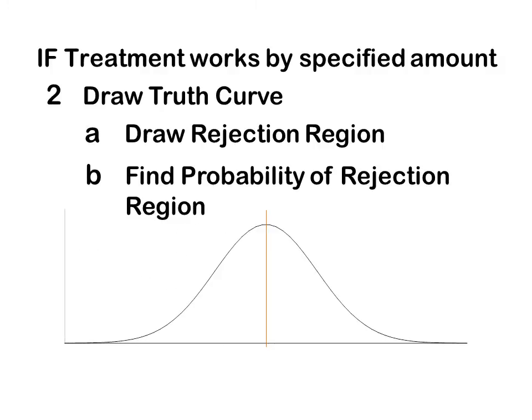So we draw a normal curve, but now we have to put the new mean, because if our therapy works, it's going to change the mean. If our therapy increases whatever it is we're measuring, then we're going to have a higher mean after therapy. If it's something that's supposed to decrease the behavior, then we'll have a lower mean after therapy. So here you have to put your new mean.